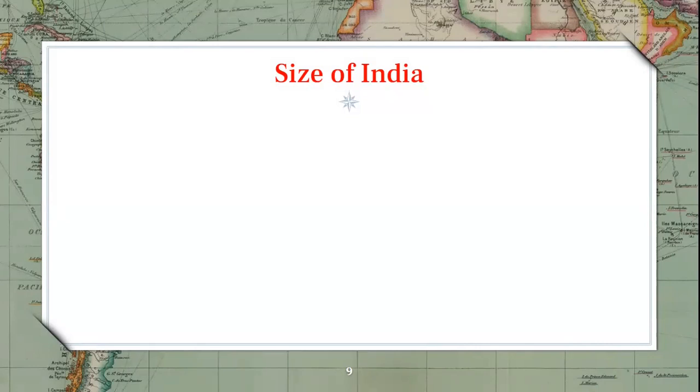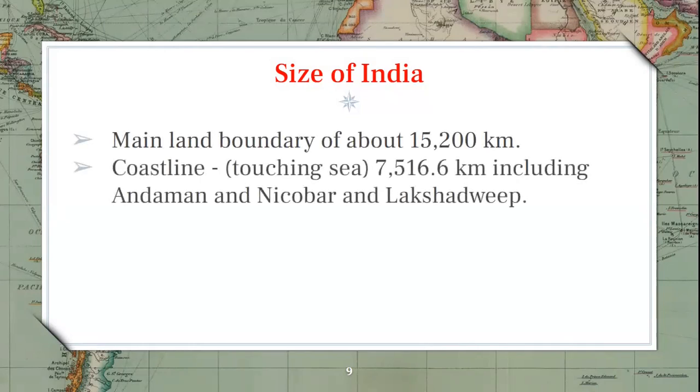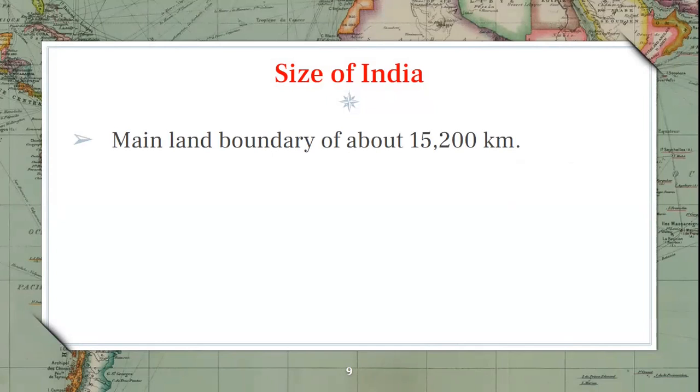When we talk about India's landmass size, India's mainland boundary is about 15,200 kilometers. The coastline is 7,516.6 kilometers, including Andaman and Nicobar and Lakshadweep.